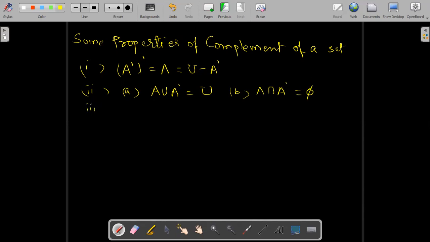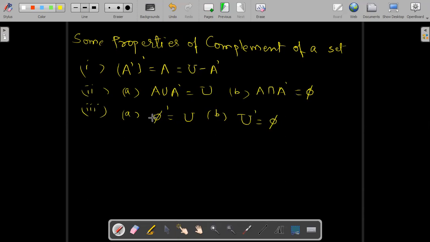The third property is that the complement of a null set is a universal set, obviously. And similarly, the complement of the universal set will be a null set.